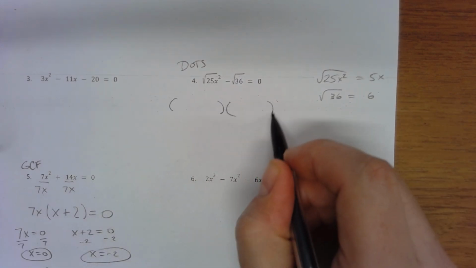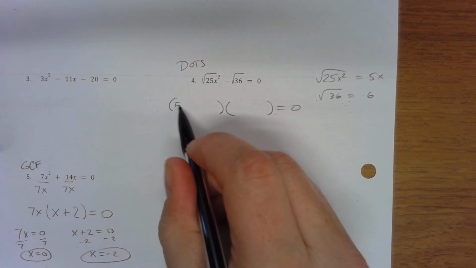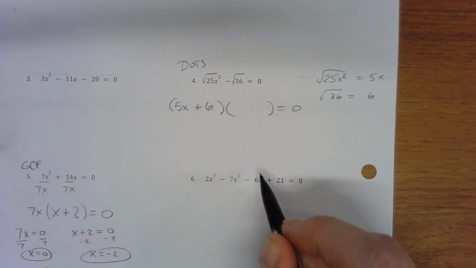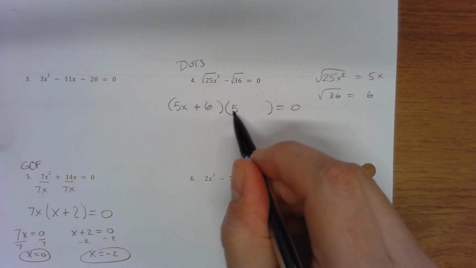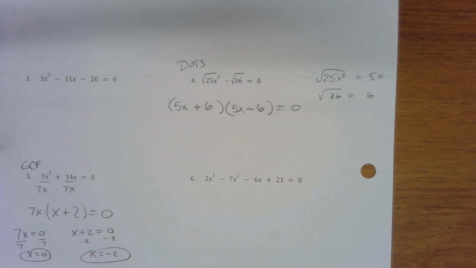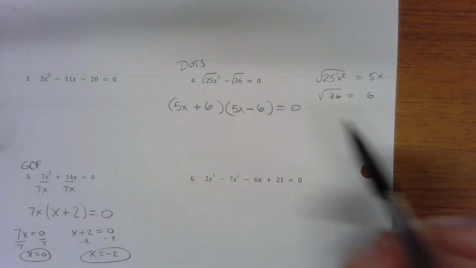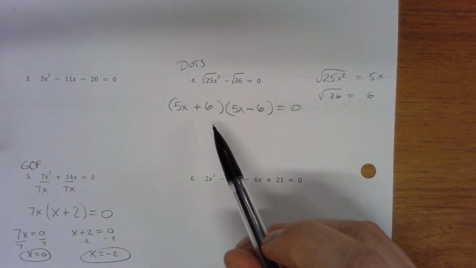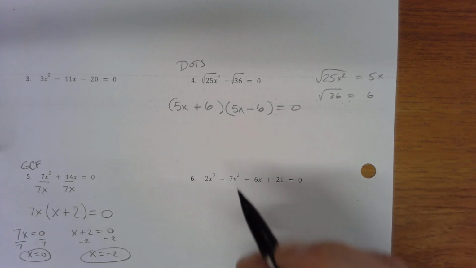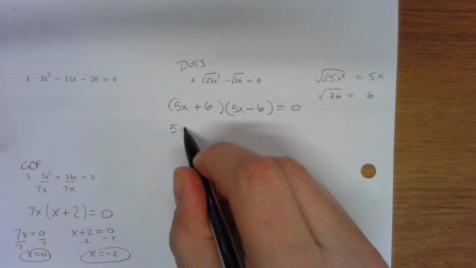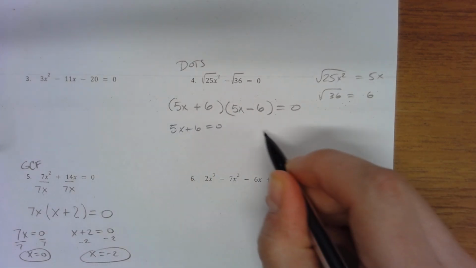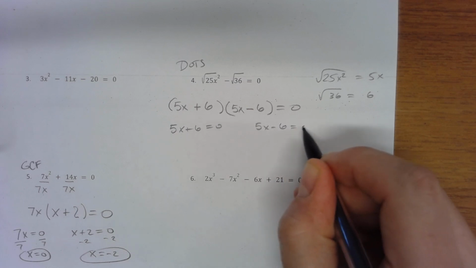So our factors are going to be 5x plus 6 and 5x minus 6. Then we're going to separate each factor and set them equal to 0 and solve.